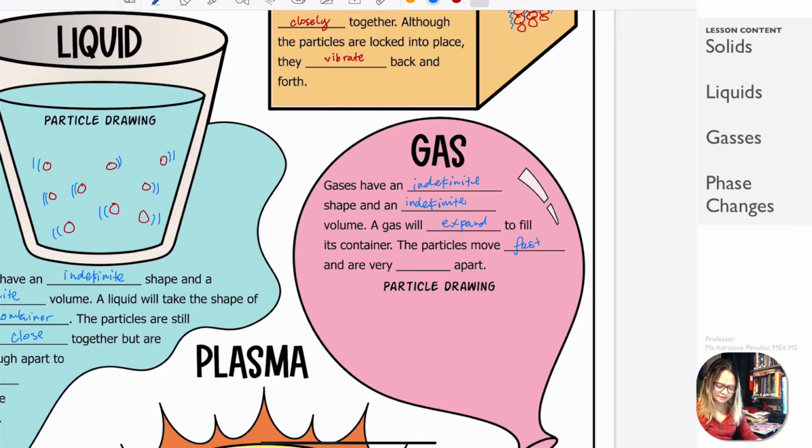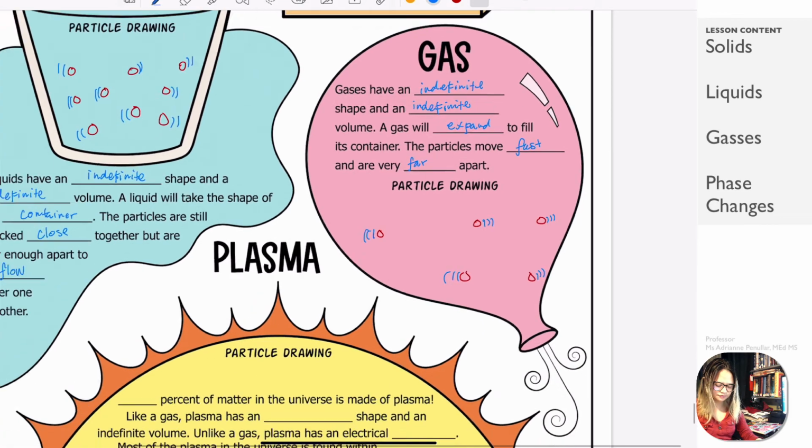They move fast and are very far apart. Okay, so if I were to draw this out, I'm going to make sure that we draw our particles, and then we want to show that they're moving very, very fast. So I'm going to go ahead and draw. These things are called whooshies, which we'll talk about later on. So now they are moving faster.